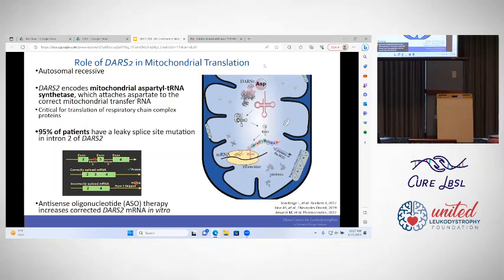But my question was, they go to the mitochondria, and the mitochondria are very important for cell energy production. Yeah, so the mitochondria have their own system for making protein, and they only make 13 proteins, and those 13 proteins feed this respiratory chain complex, which is what generates the energy.